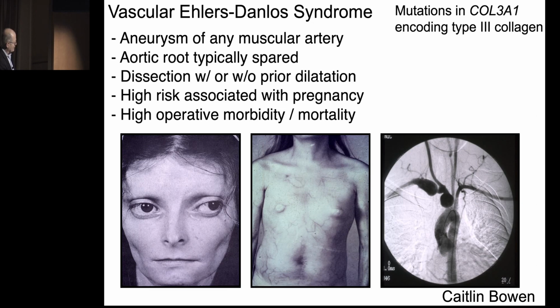You can see this individual has a scar from an abdominal surgery. But also to aneurysms, dissections, and ruptures throughout the entire arterial tree. These tears of blood vessels commonly occur without any prior dilatation. So we have no warning, no knowledge as to when surgical intervention might be protective.